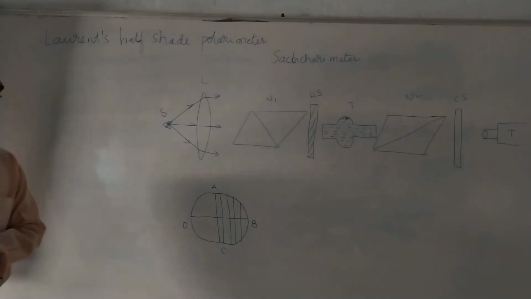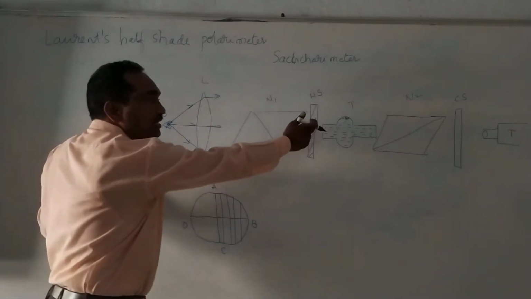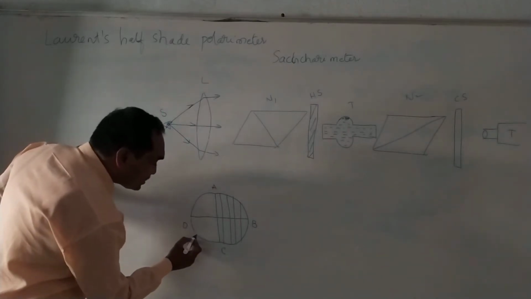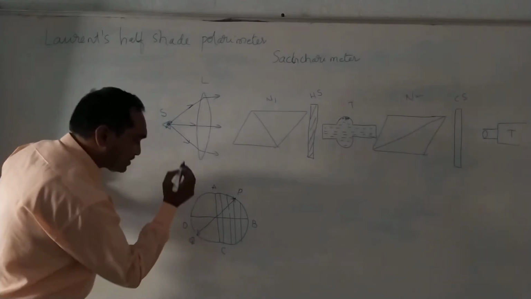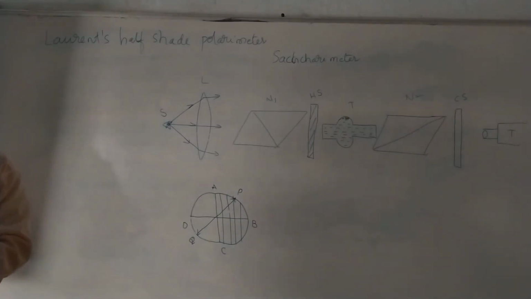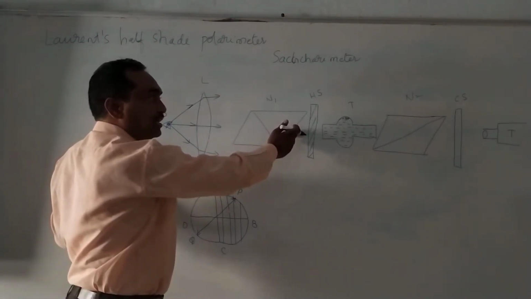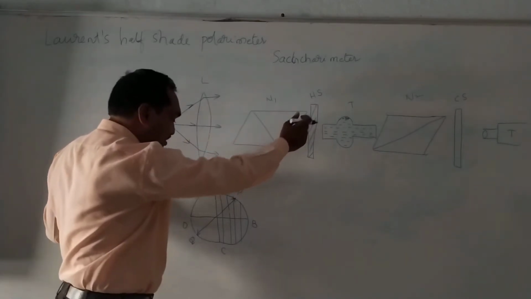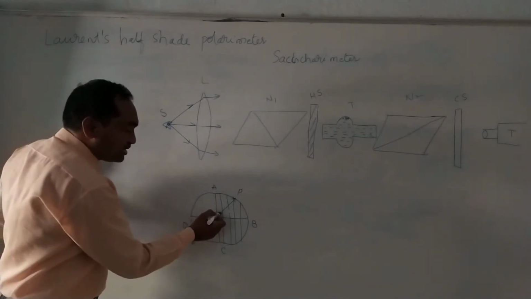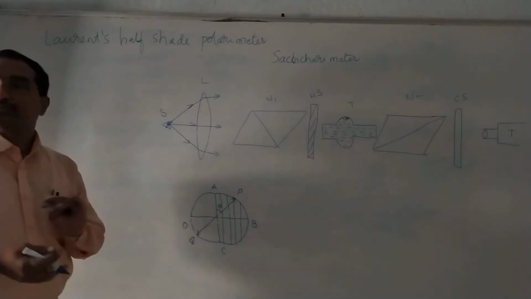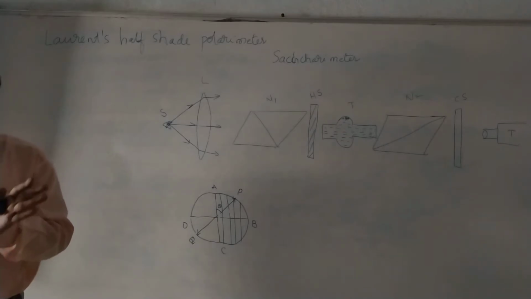Now, when the plane polarized light coming from the Nicol prism N1 is incident on the half-shade device along this direction, that is the PQ direction, what happens? If PQ makes an angle theta with AC, we know this plane polarized light is divided into an ordinary component and an extraordinary component.